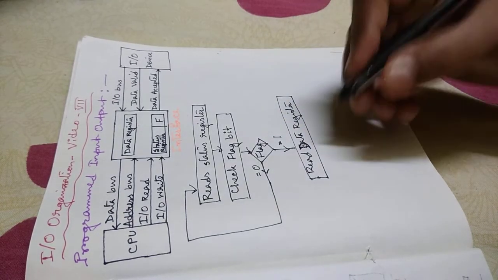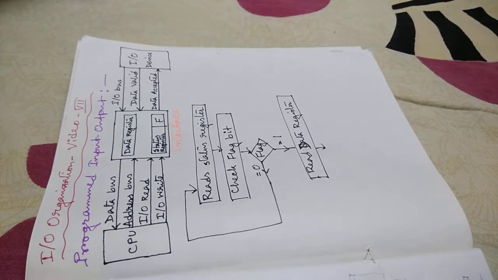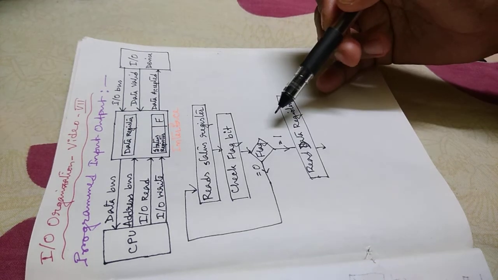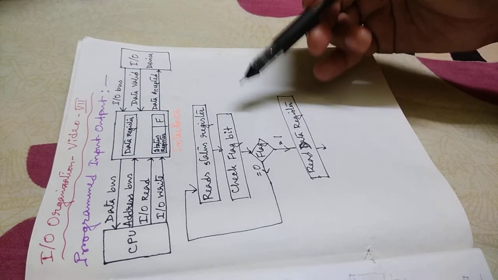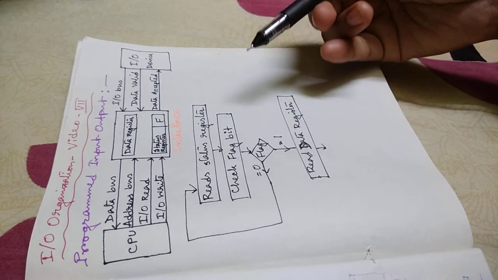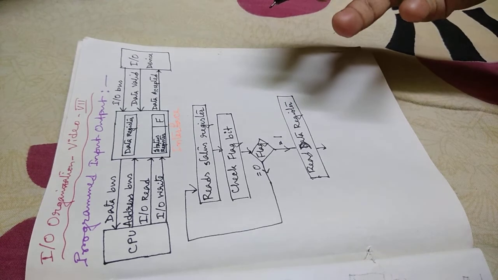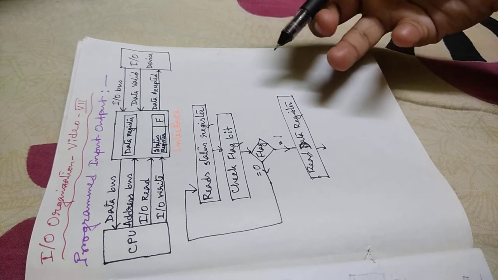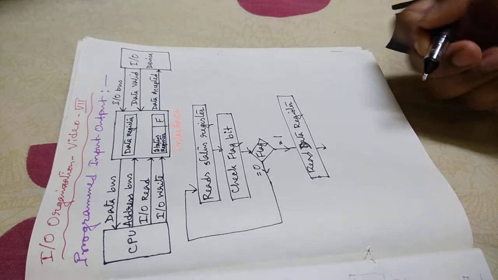Right. After that, the CPU checks whether the operation is complete or not. Operation complete means, suppose the IO device has 5 bytes of data to transfer. So in this turn, only 1 byte of data is transferred. So 4 bytes of data are still remaining to be transferred, right? So that's why I'm checking it.